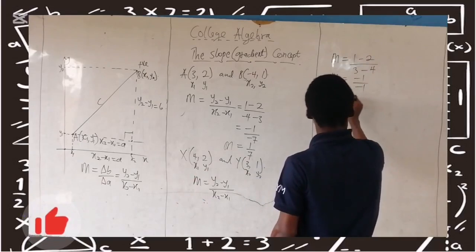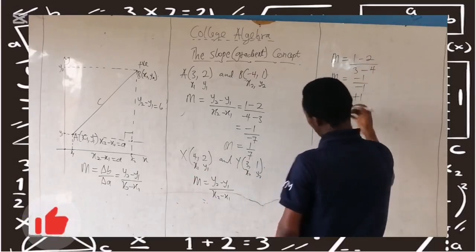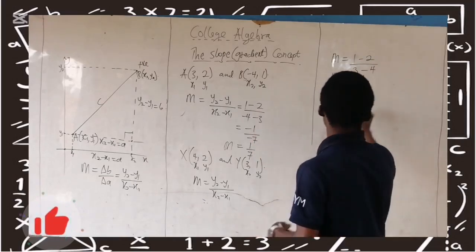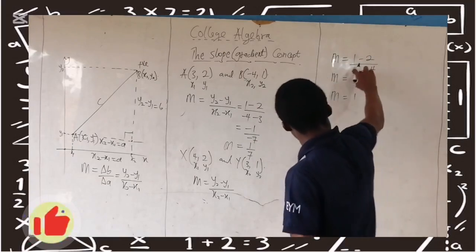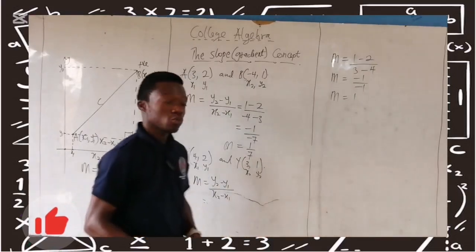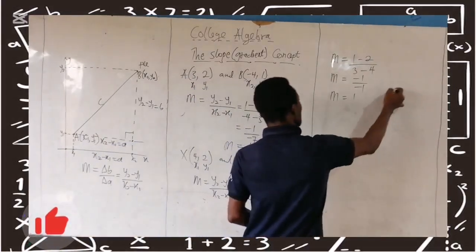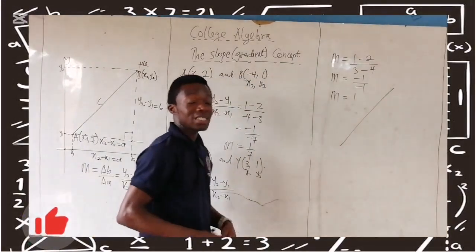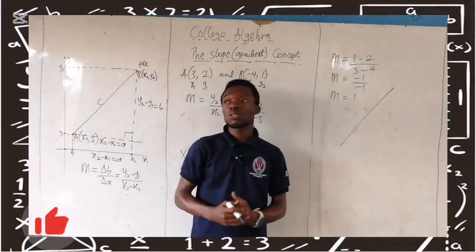I'm supposed to get m to be equal to positive 1. Because the negative dividing negative will make it positive, so they cancel, making it positive, and we get m to be 1. So this one too, it will slope like this. So let's take note of that. So this is how we find the gradient when given 2 points.